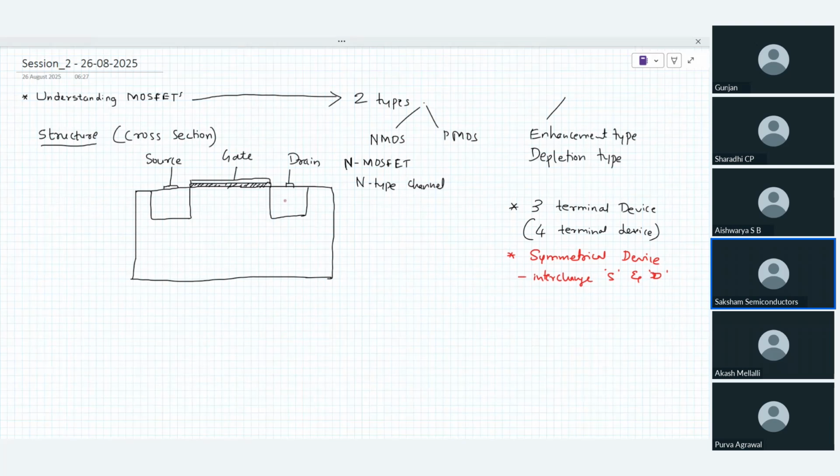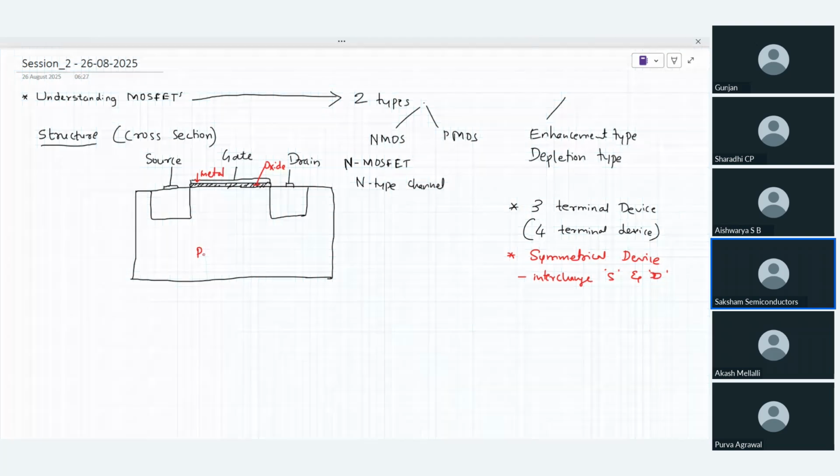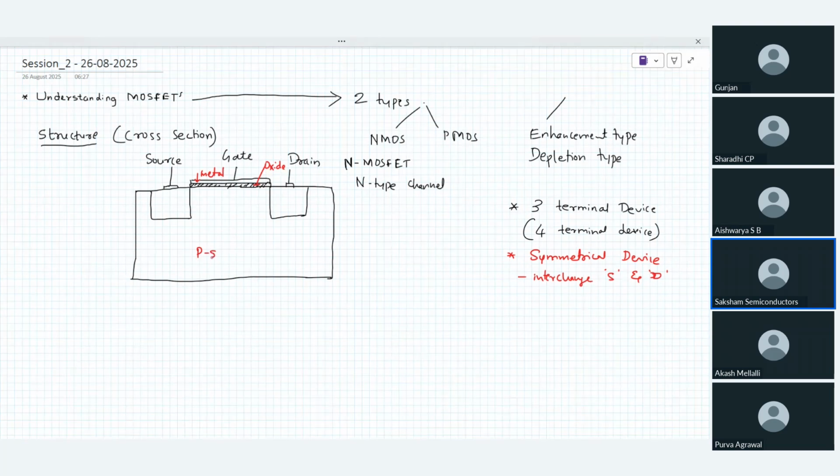We'll talk about that. Now, when I have defined these things, this particular thing is my metal, and the dashed part is my oxide. Let's consider this entire bigger section is made up of P type material, and I'm going to call it the P substrate.